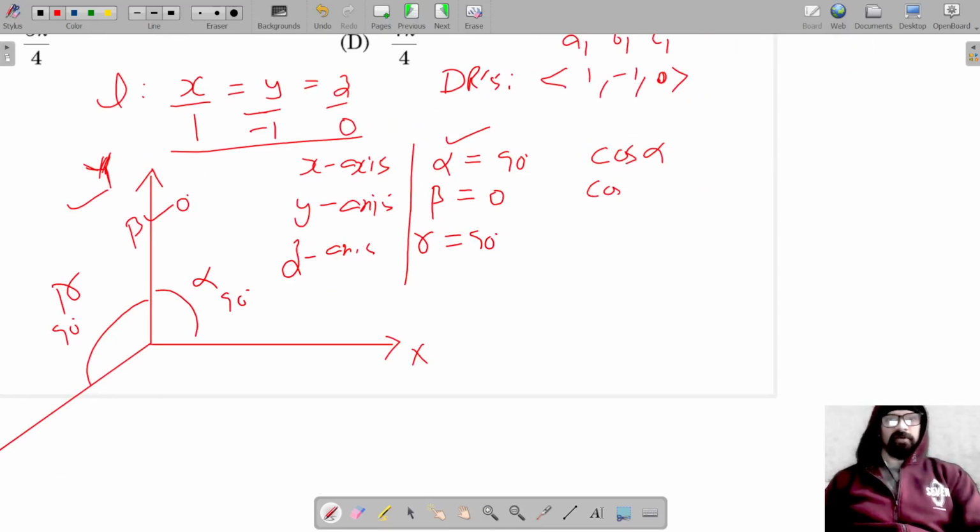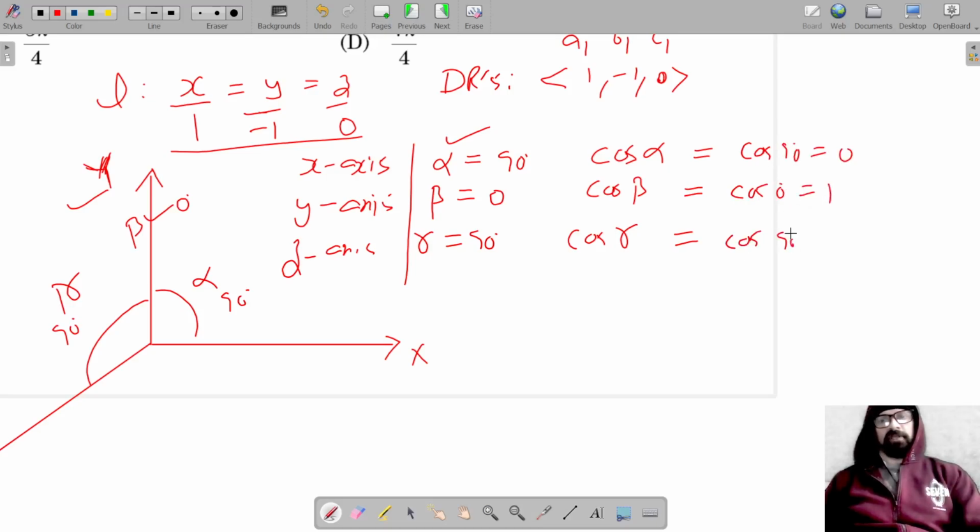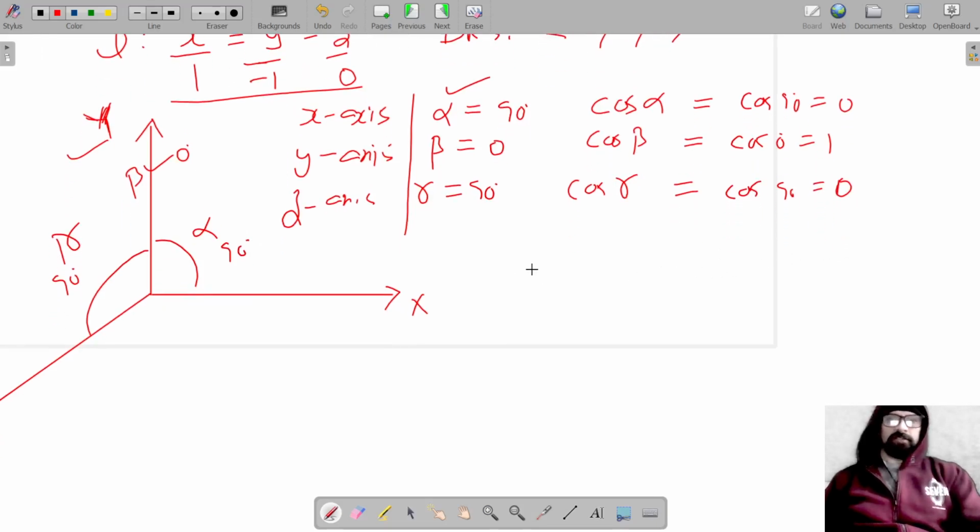So cos alpha, cos beta, and cos gamma are the direction cosines of the y-axis. Alpha is 90, so this is cos 90, which is 0. This is cos 0, which is 1. Gamma is cos 90, which is 0. So these are the direction cosines of the y-axis.